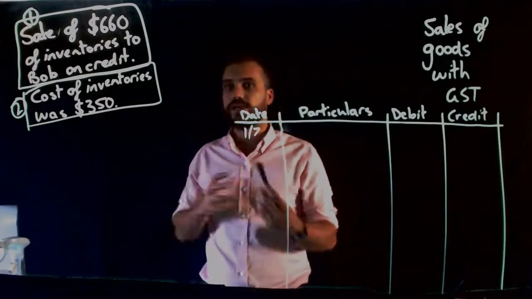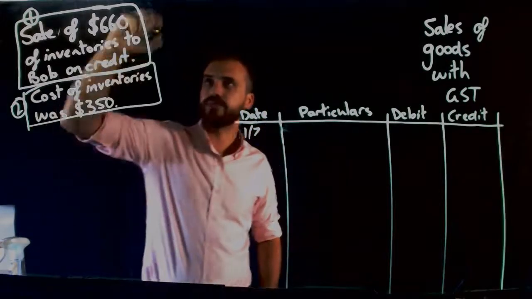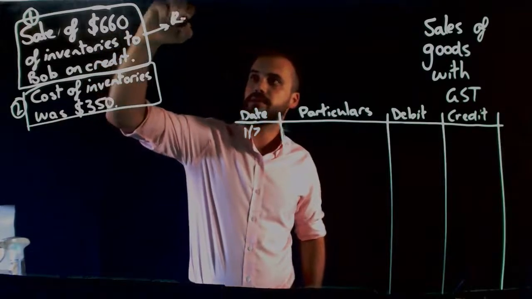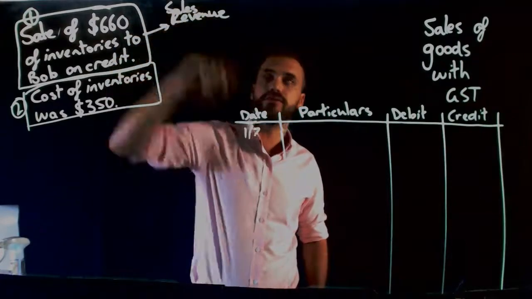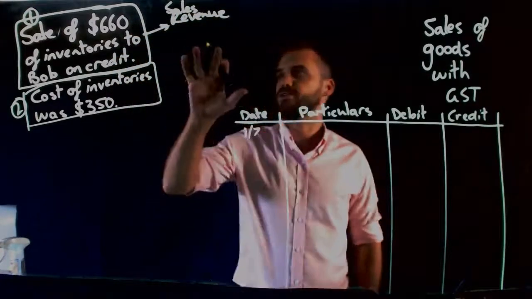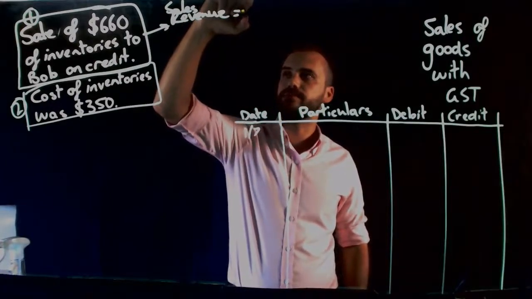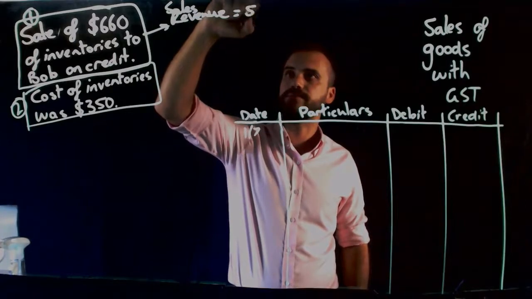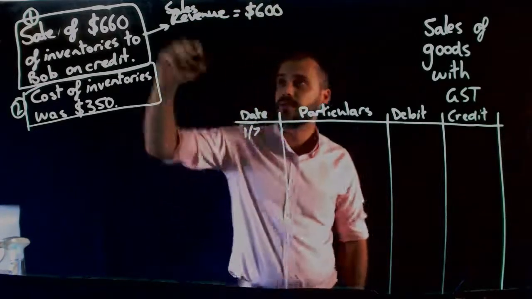Okay, so the sale of $660 of inventories to Bob on credit. Okay, so what accounts are involved there? Well, there's a revenue. Let's do that up here. There's a revenue, what we call a sales revenue. What is that equal to? $600.